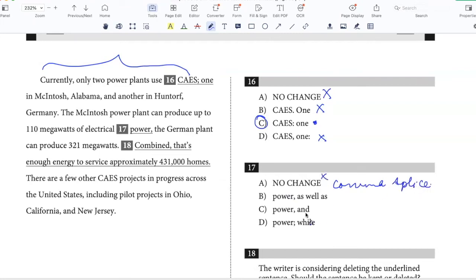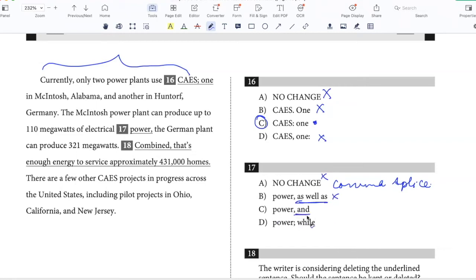So A is wrong. Now, as well as doesn't make sense because I am not saying that the Macintosh power plant produces electrical power as well as something else, right? I'm saying that Macintosh produces electrical power of this magnitude and the German plant produces electrical power of another magnitude. So as well as is not used for that.